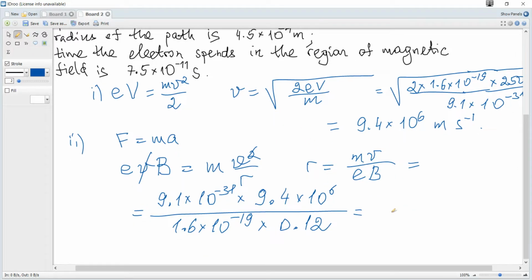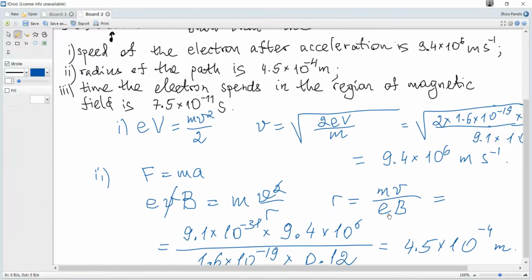And it is equal to 4.5 times 10 to negative 4 meters to two significant figures as required.